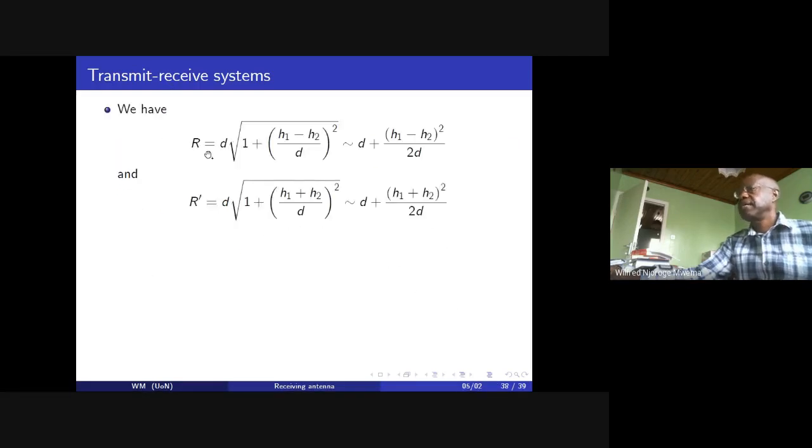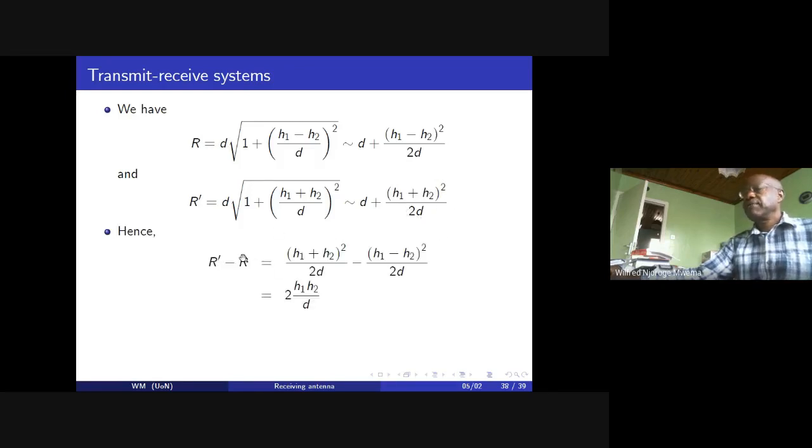And we have that r is given by the rule of cosines. We get d plus h1 minus h2, all squared by 2d, where d is the separating distance between antenna A and B. And r prime is given by that value, which is approximately the heights added, all squared and divided by that value.